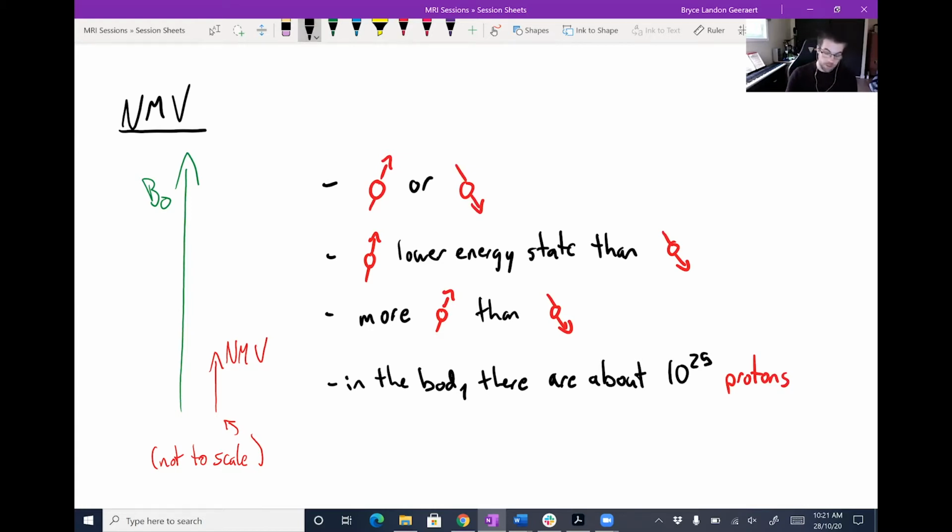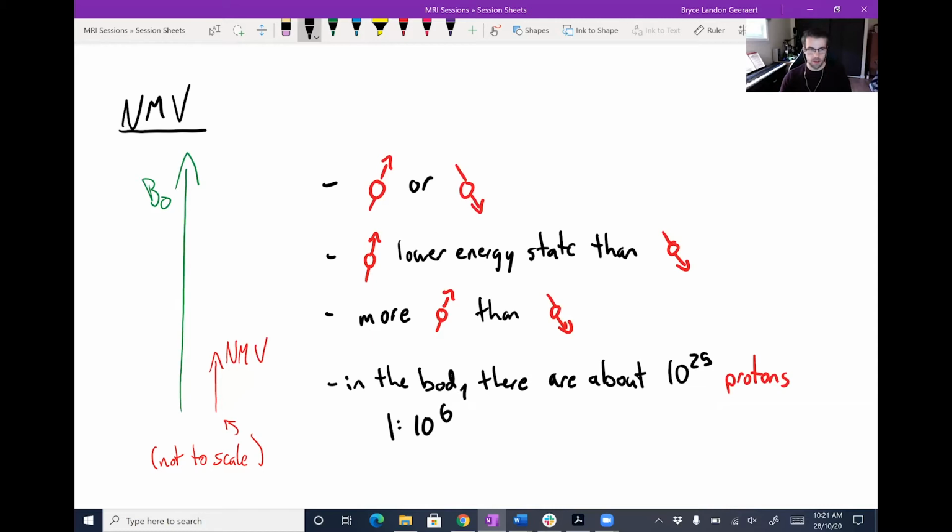And from this population, about 1 in 10 million of these protons is oriented in the up direction above and beyond the balance of up and down. Did that make sense?